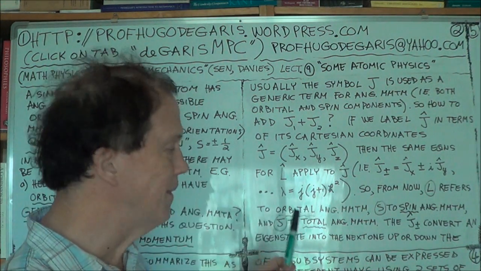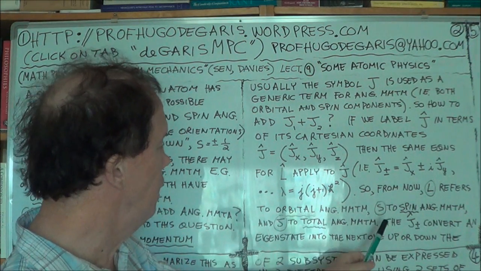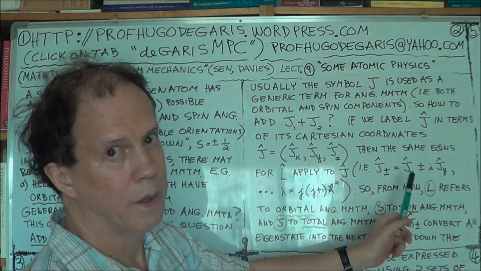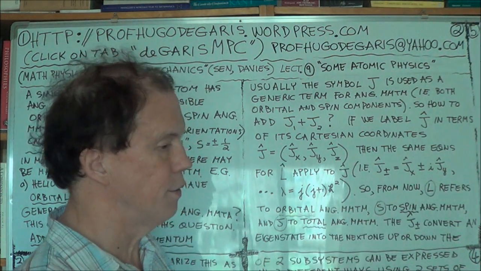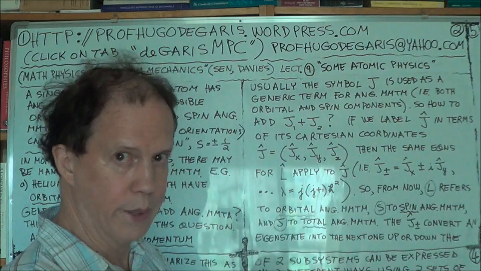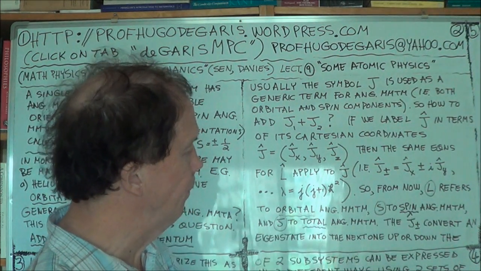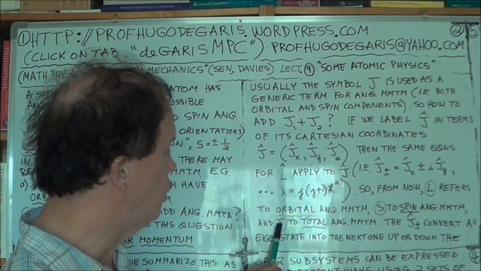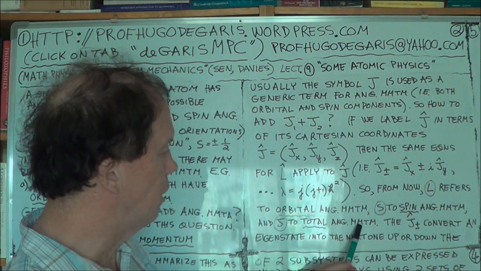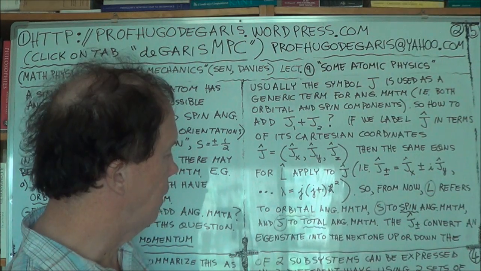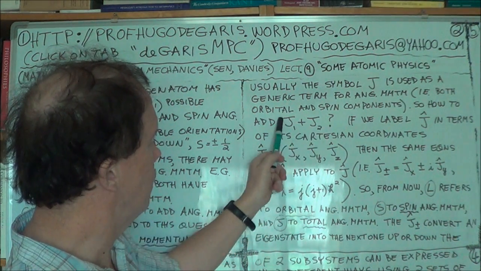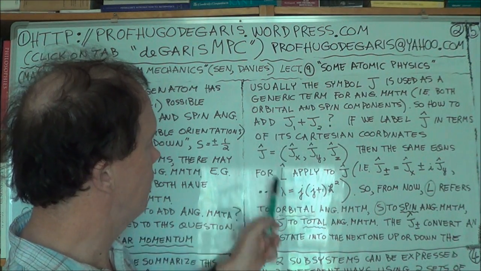So memorize this. When you see an L like this, think of that L as orbital angular momentum, and think of S as the spin angular momentum, and think of J now as the total angular momentum. So this J would be like the sum of these two, in a sense.